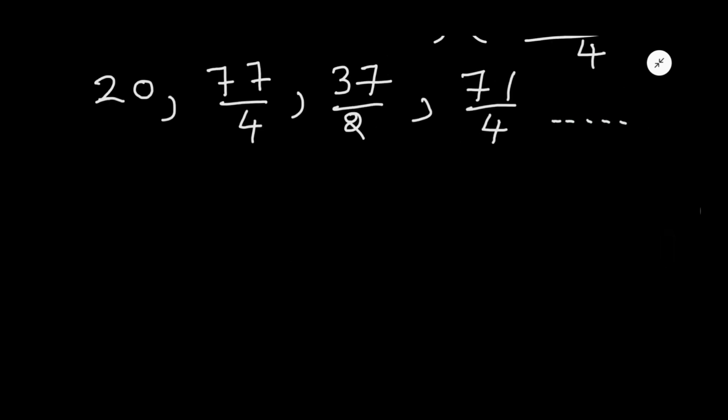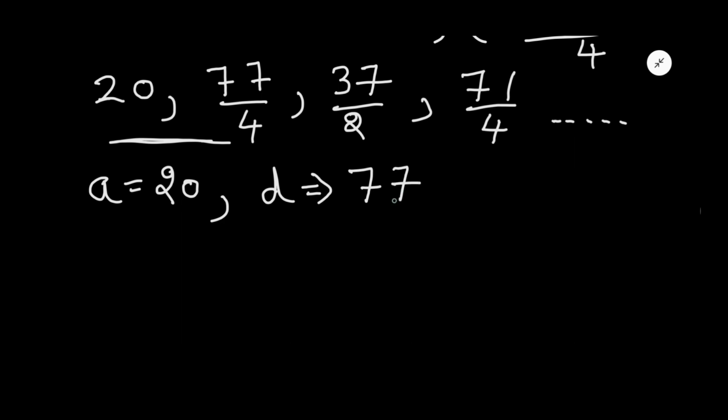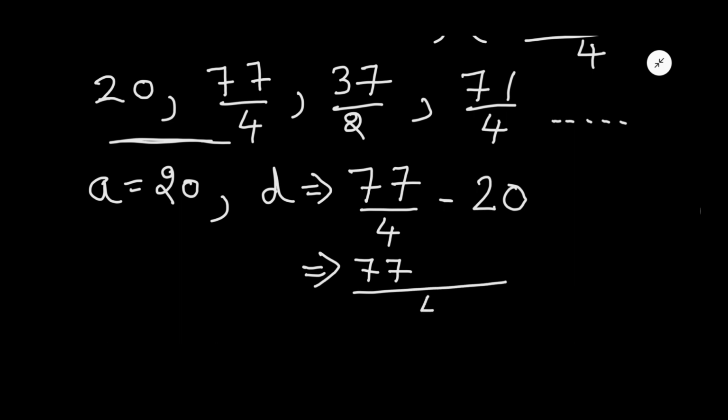So this is a following AP in which the first term is 20 and the common difference we will calculate, which is A2 minus A1. 77 by 4 minus 20. So here we will take LCM, which is 4.